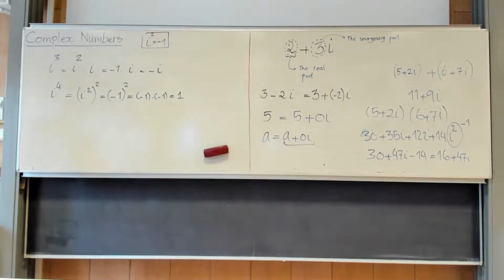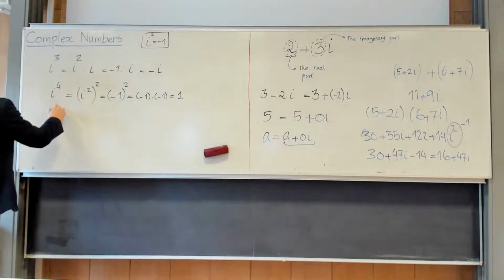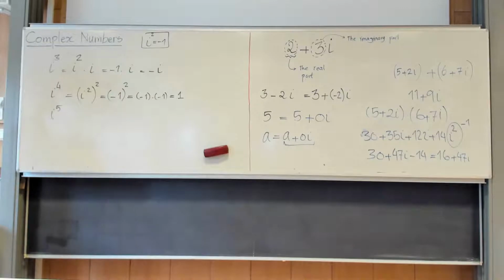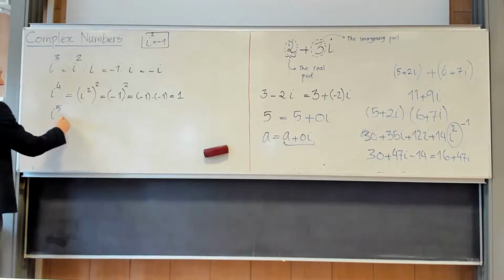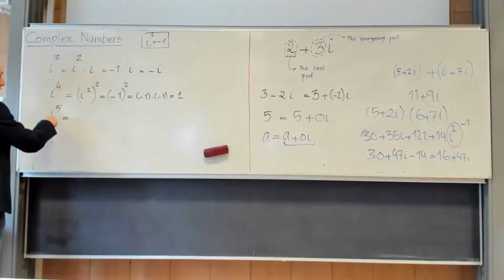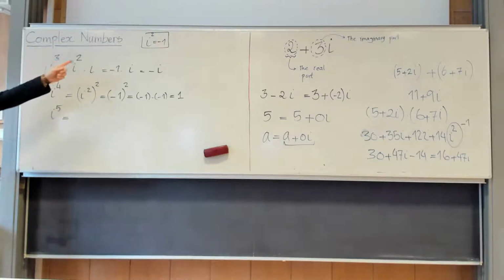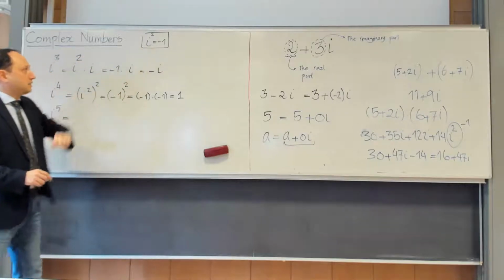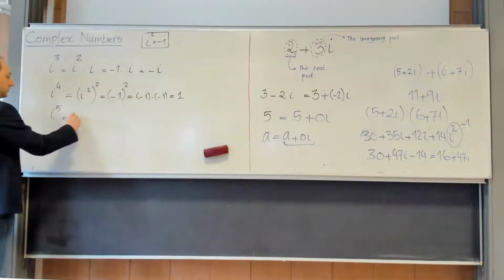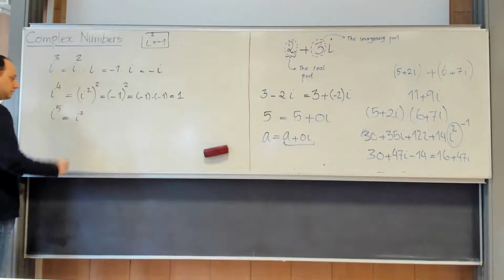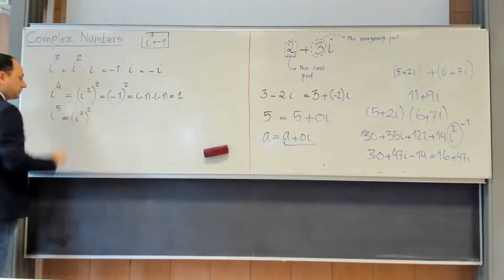Yes? So what is i to the power of 5? If I give you this to calculate, it is better to calculate it this way, because you need to make use of this as much as possible. So instead of i to the 5, I write i to the power of 2, and then another power of 2.